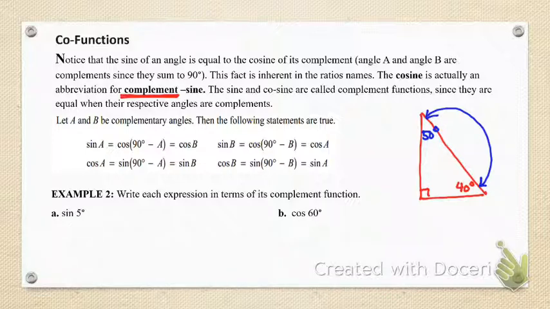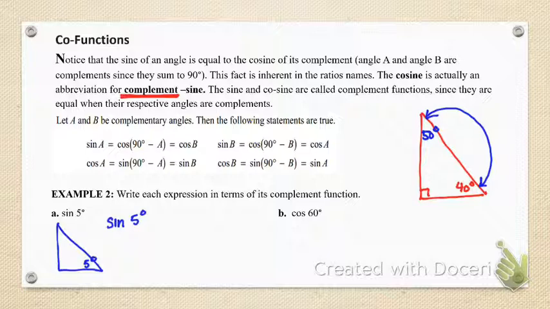So the sine and the cosine are actually the sine and the complement sine. And the rule for the sine and the complement sine is that they're the same if the angles are complements. So it sounds a little tricky, right? But it's not. So imagine you had a triangle that had a 5-degree angle in it right here, and you wanted to find the sine of this 5-degree angle.